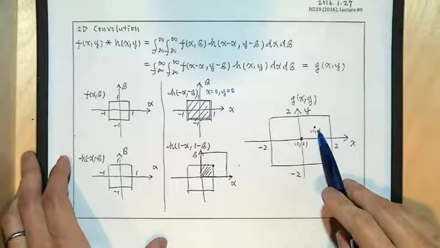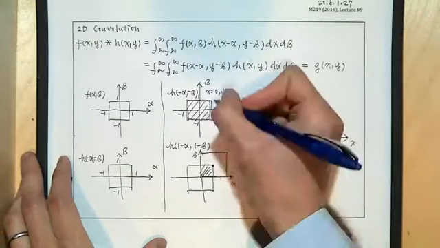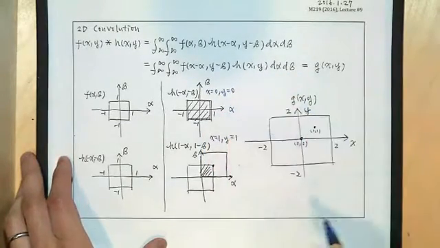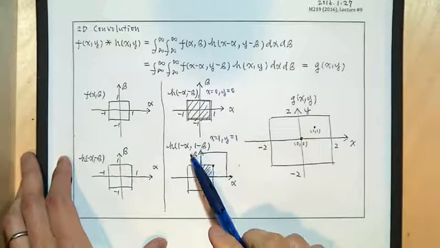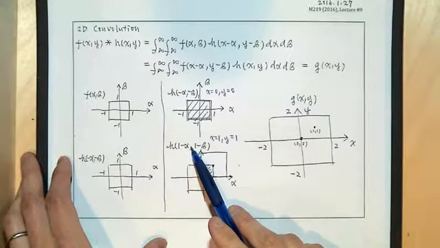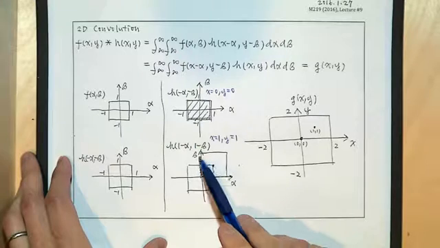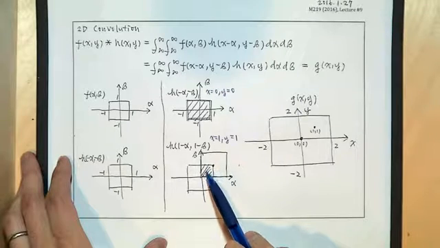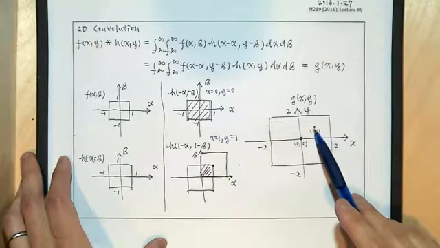Next, if we want to calculate another point, say x equal to 1, y equal to 1, we shift h so that we have h of 1 minus alpha and 1 minus beta. In this case, the overlap is now smaller. Only this small quadrant gives any contribution to the convolution output.